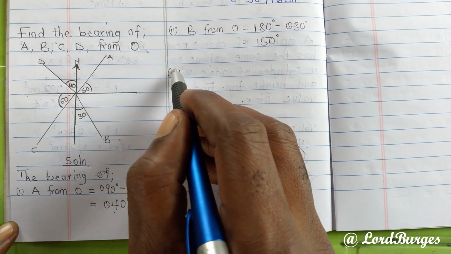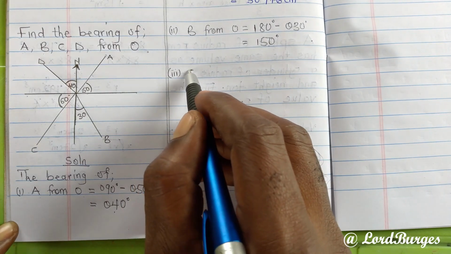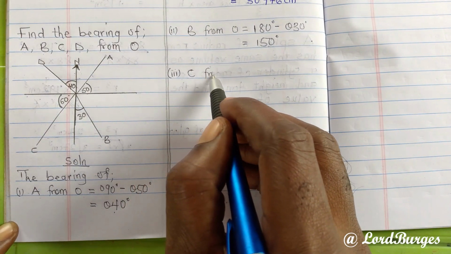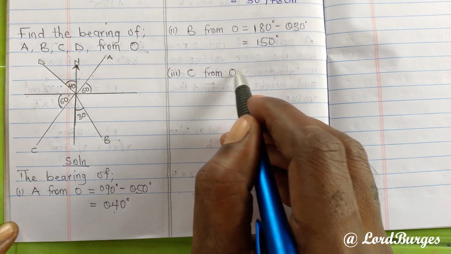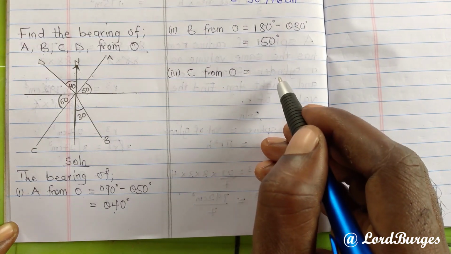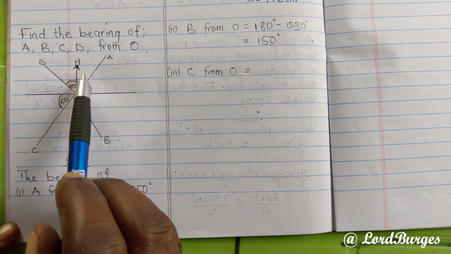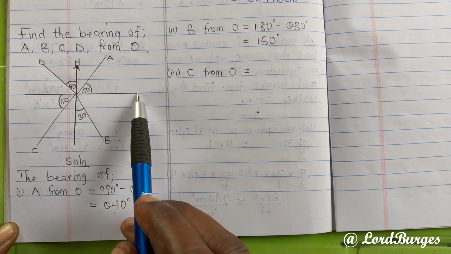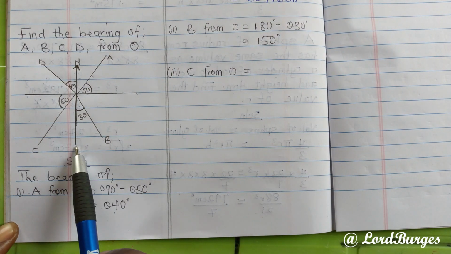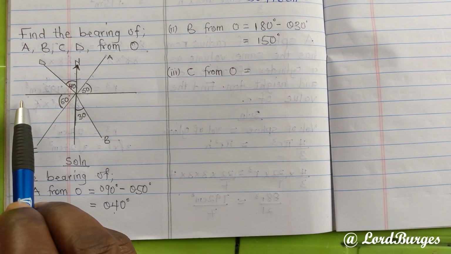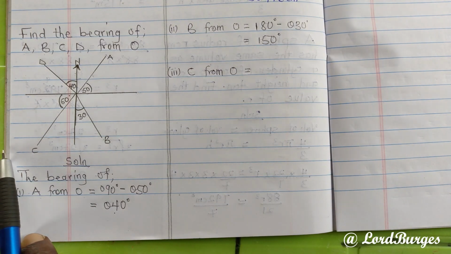III. The bearing of C from O would be equal to, let's look at C. From the north to the east is 90, to the south is 180, and to the west is 270.